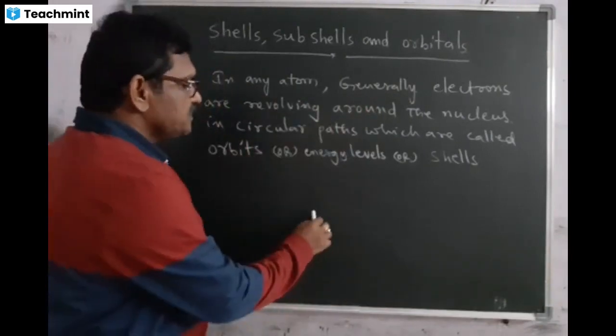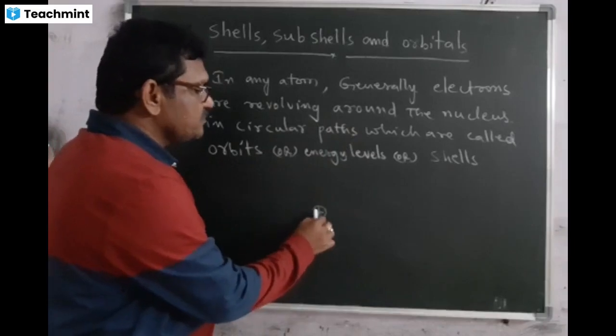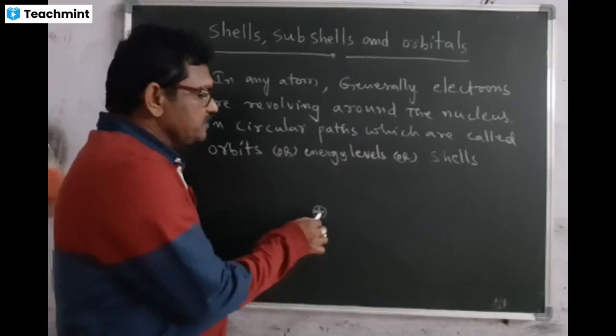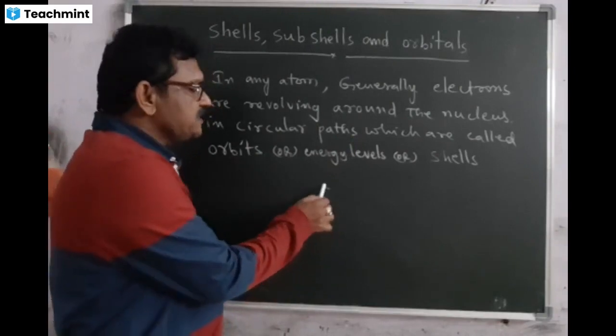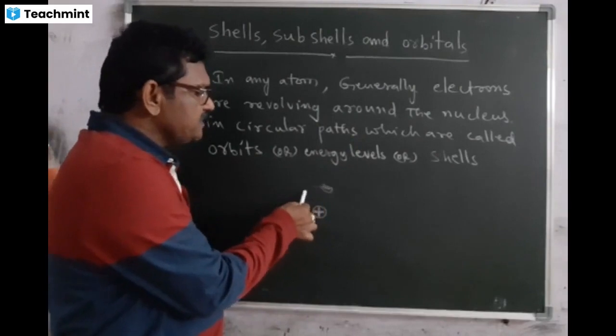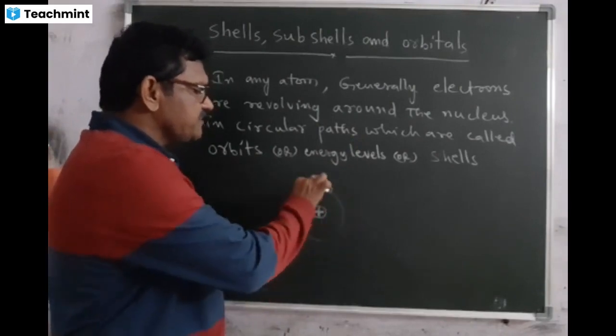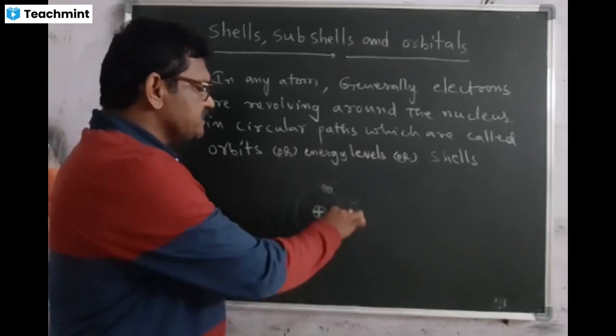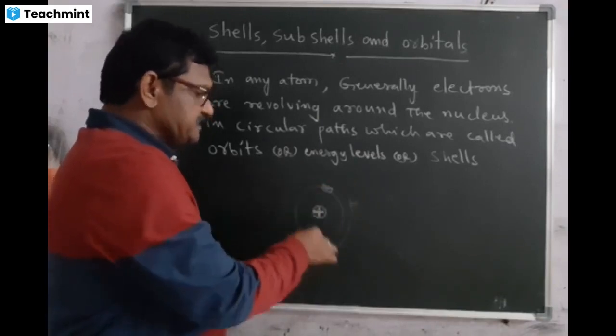For example, this is the center of the atom, the nucleus. The nucleus carries positive charge. Electrons are revolving around the nucleus in a circular path like this. For example, another electron revolving around the nucleus in a circular path.